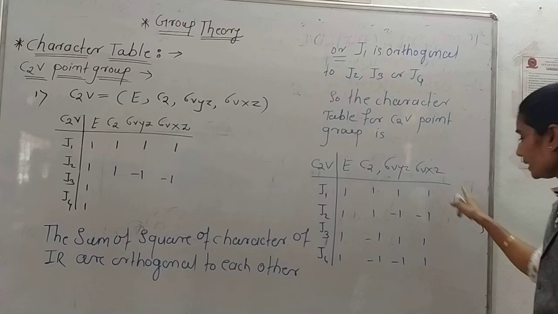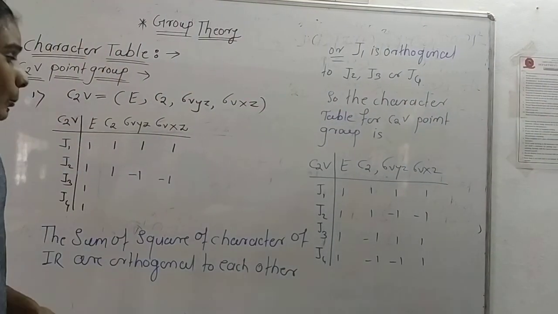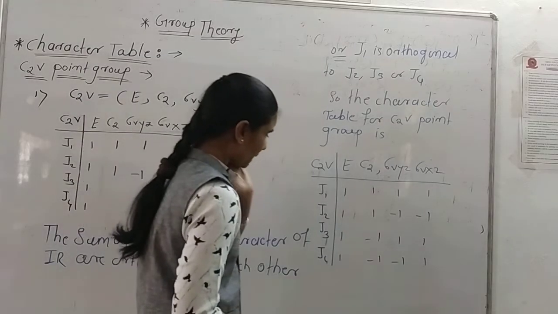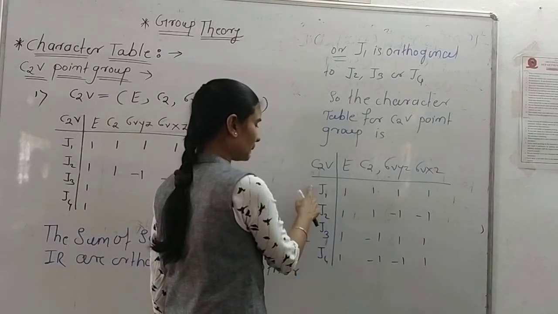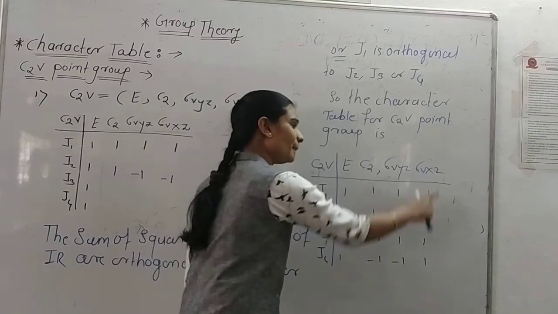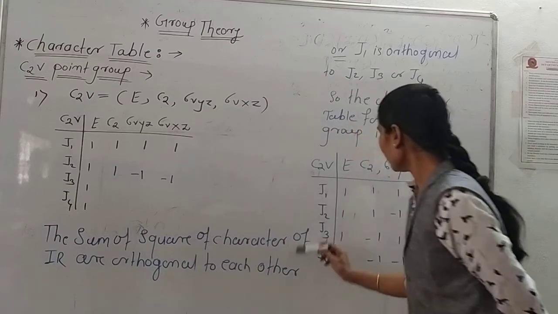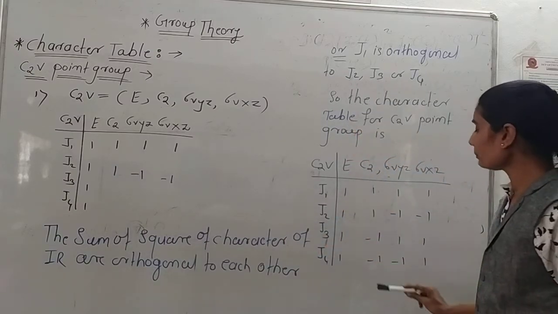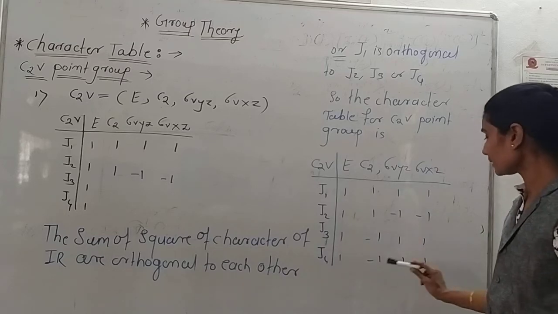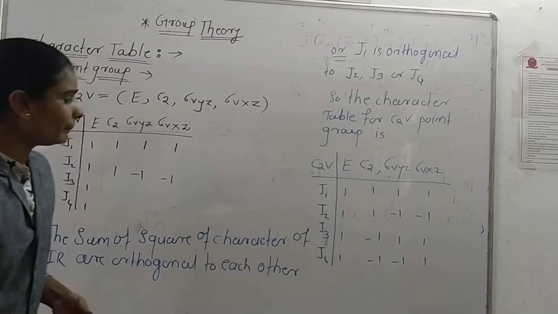So this is the final character table for the C2V point group. These are nothing but the character values of irreducible representations for each symmetry element; that is the character table. All characters present in the C2V point group are one dimensional.